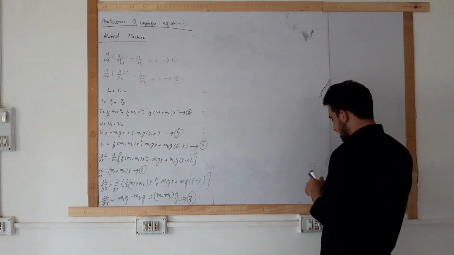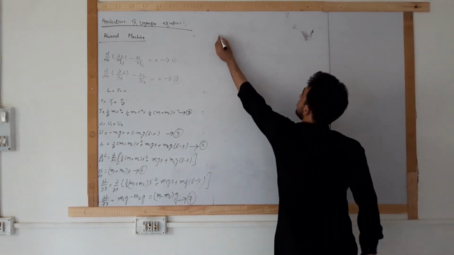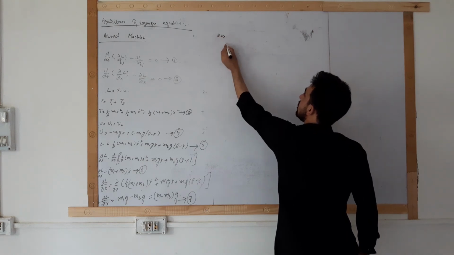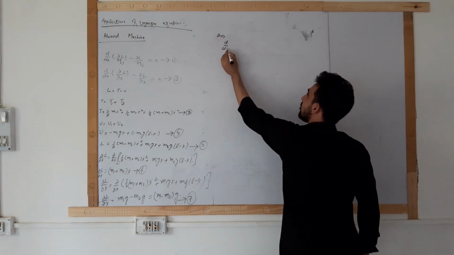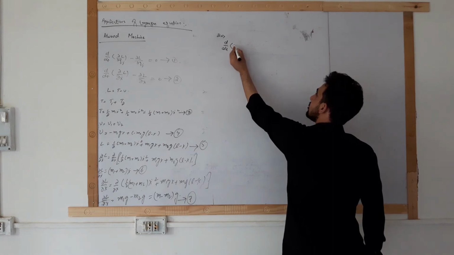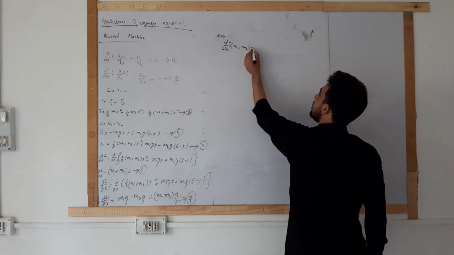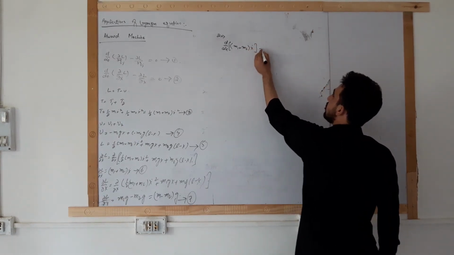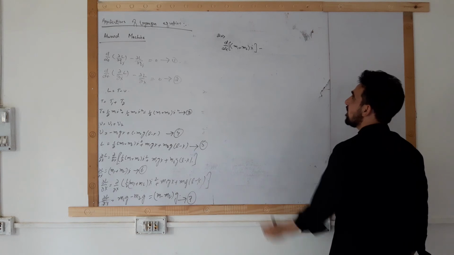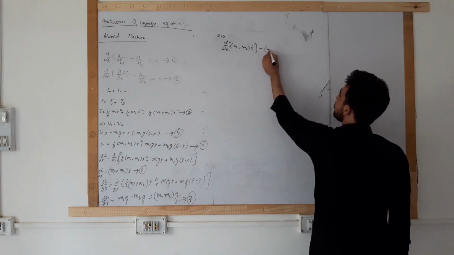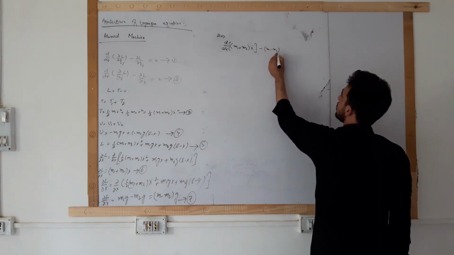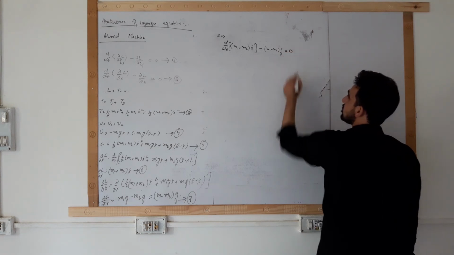So equation 2 implies that d by dt of M1 plus M2 times x dot, minus M1 minus M2 times g, is equal to 0.